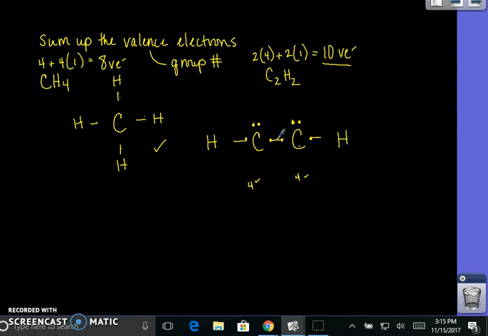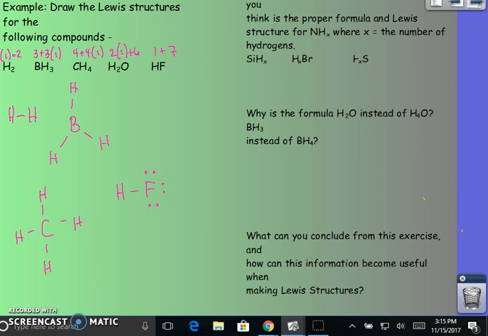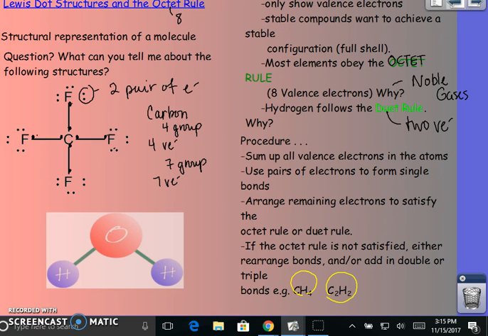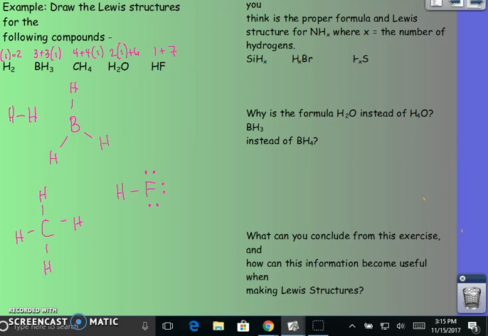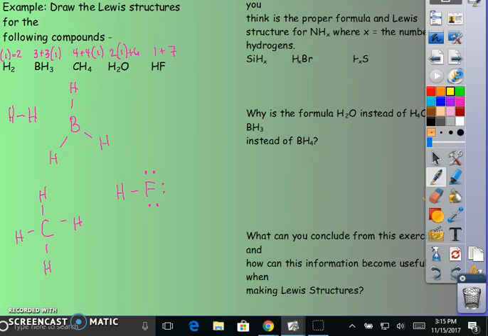So let's look at one more example. Let me back up just a little bit, make sure I didn't skip anything here. We drew methane and C2H2. Now let me clean up my board just a little bit.